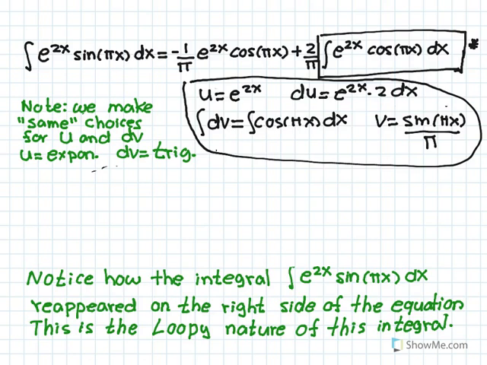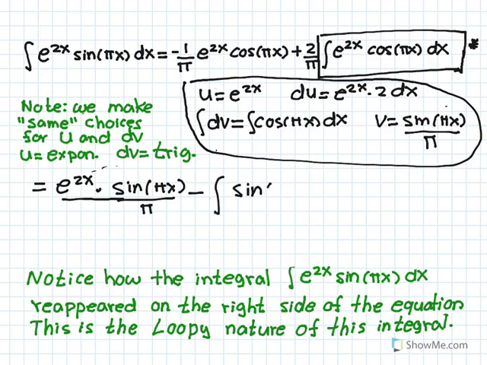Alright, so notice that we make the same choices for u and dv. u is exponential and dv is a trig function. Applying the integration by parts formula, we get u times v. So that's going to be e to the 2x times sine of pi x divided by pi, minus 2 over pi integral v du.